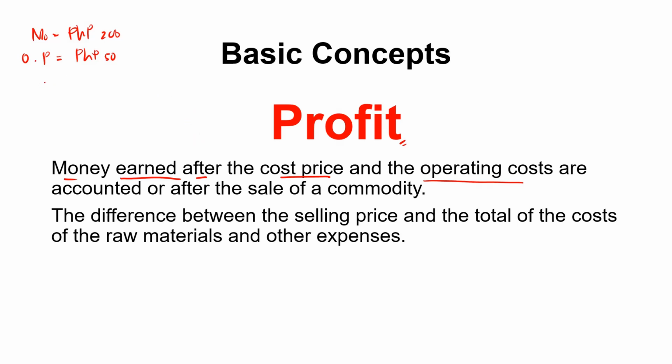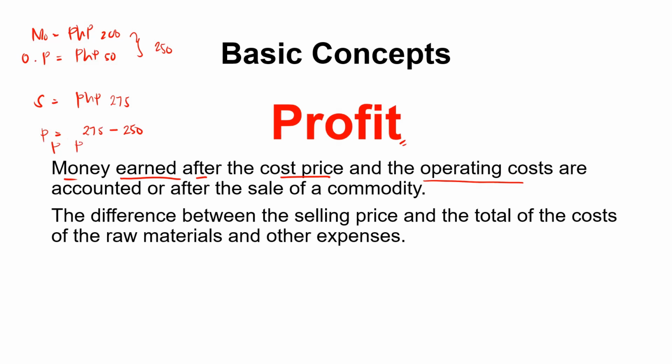Ngayon, gusto mo mabenta, binibenta mo yung dress mo sa halagang 300. O let's say sabihin natin 275 pesos sa isang dress, yung dress na nabili mo sa Divisoria. Ngayon, for you to get your profit, you have to add the cost price and the operating price, which is 250, and subtract it from the selling price.